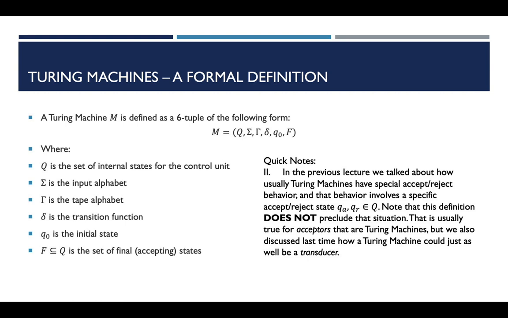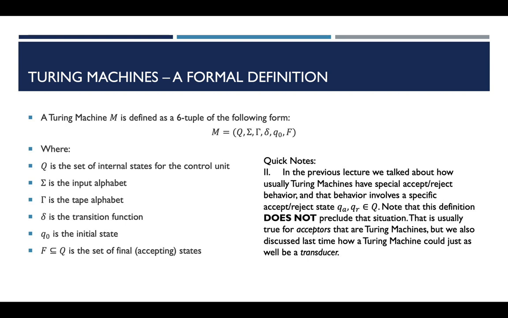Then we also effectively added some transition rules that said as soon as I get to a specific state that is not an element of F, I should terminate. And so I would not have any rules that allowed me to get out of that state and into another one.